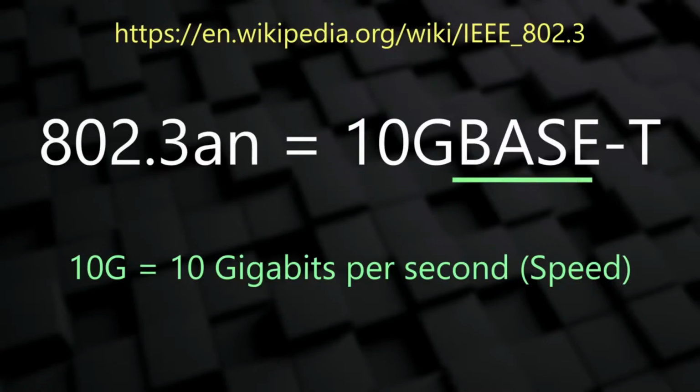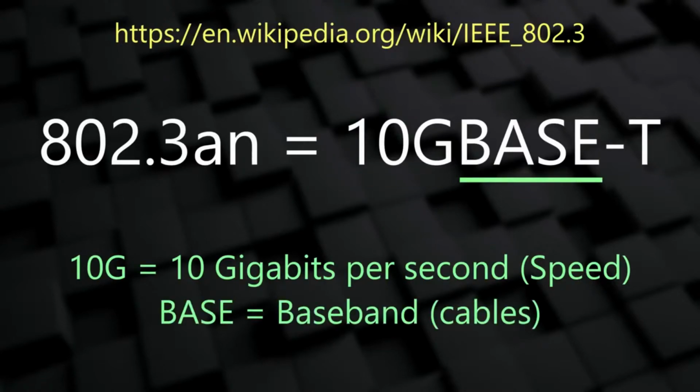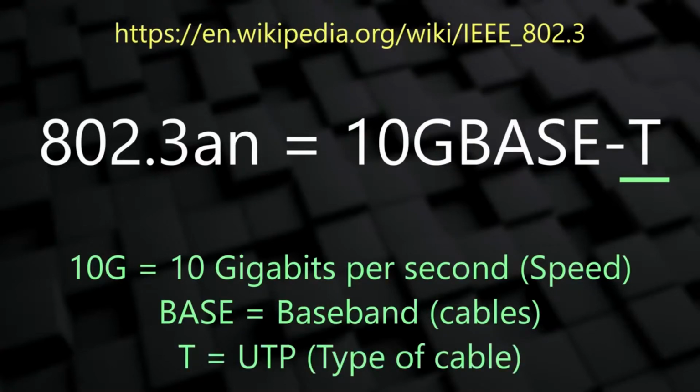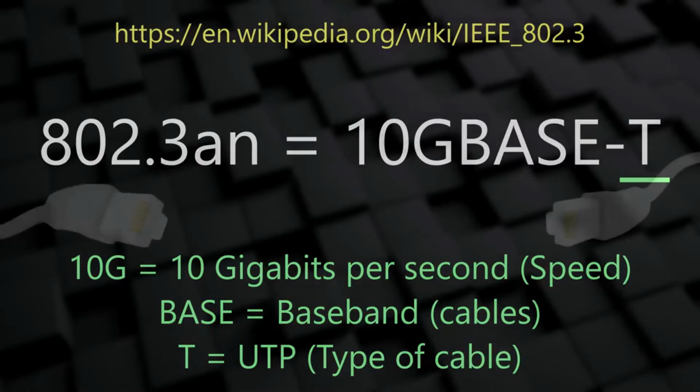Base is short for baseband. This means that it uses a digital signal. The alternative is broadband, which uses an analog signal. The T means that this is a UTP cable. I'll explain what a UTP cable is soon. You might see other letters here, like LX, which refers to a type of fiber optic cable.